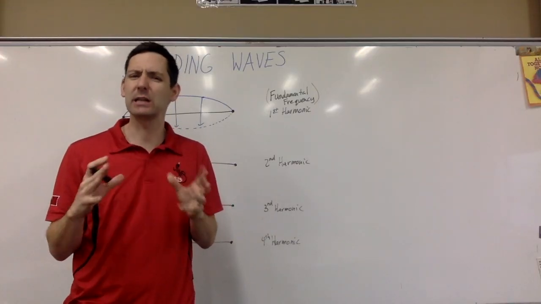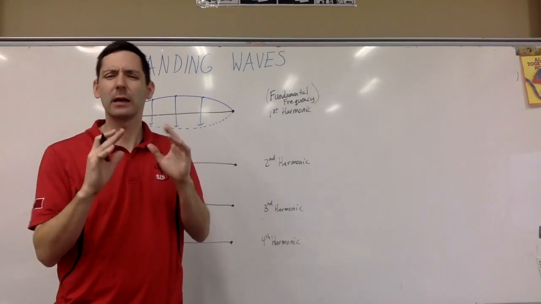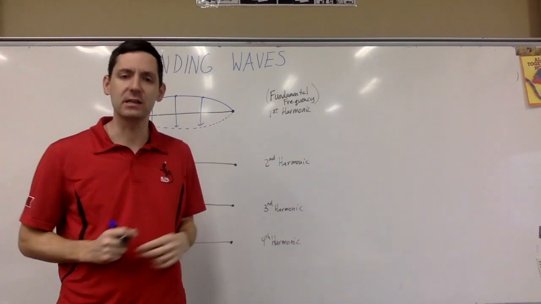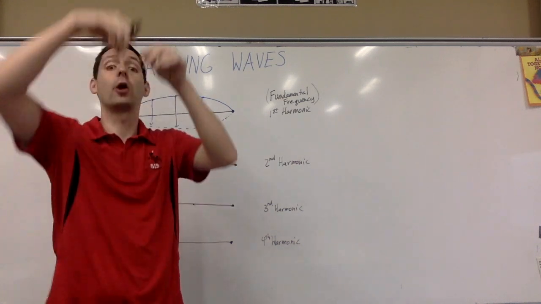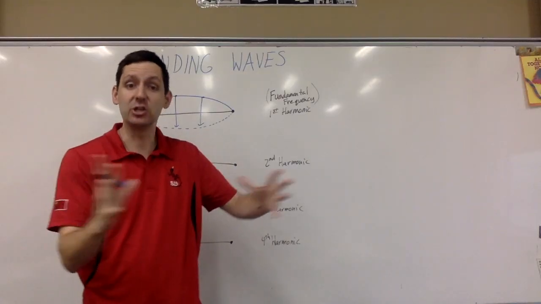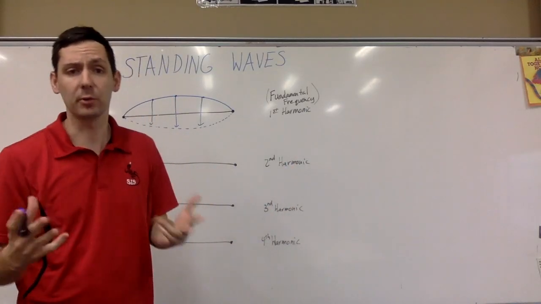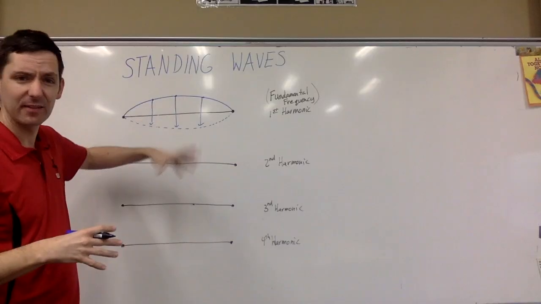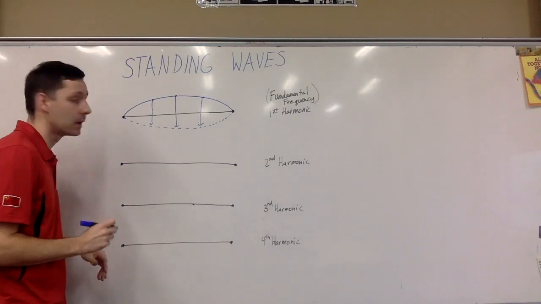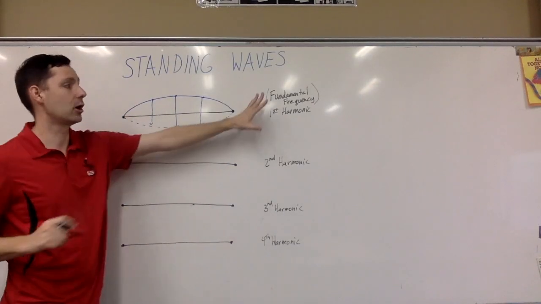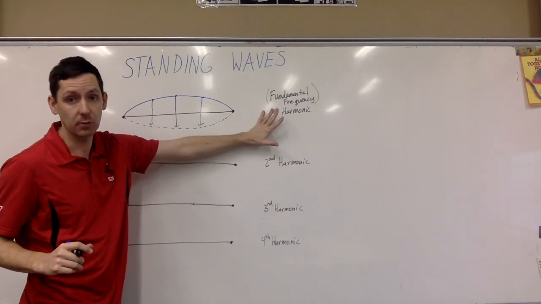It's not like a traveling transverse wave, where every single point gets to go all the way up and all the way down as that energy is transported from one place to another. In this one, the energy is standing there, going up and down, up and down. This is what's called our fundamental frequency, or the first harmonic.